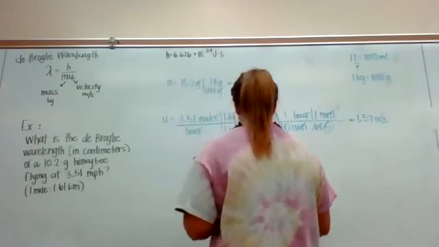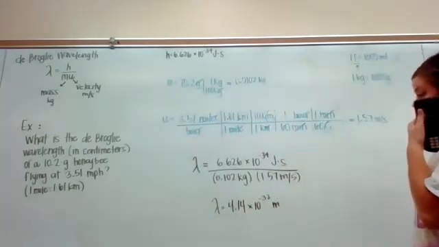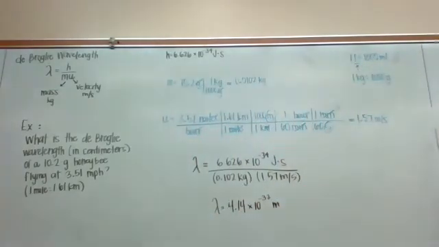And again, I just know that I always get my wavelength in meters from this equation. You all get 4.14 times 10 to the negative 33 meters.